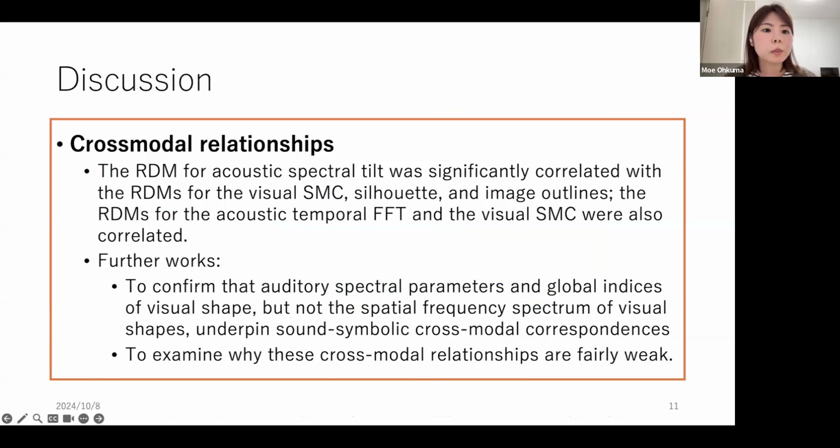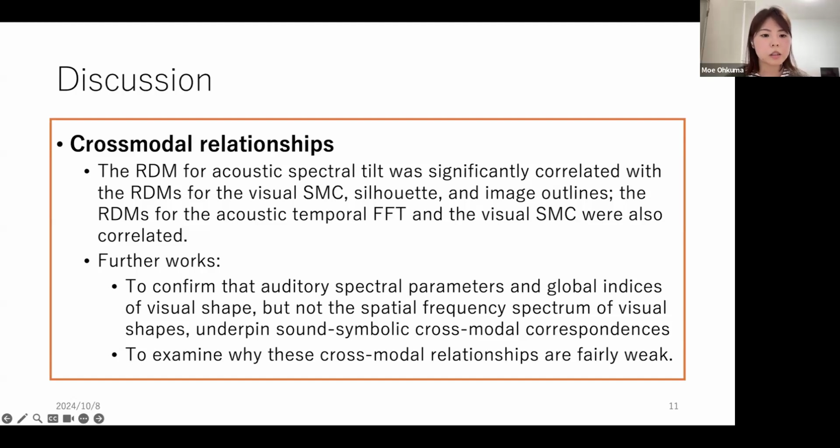The discussion part has three parts. The first one is cross-modal relationship. The RDM for acoustic spectral tilt was significantly correlated with the RDMs for the visual SMC, image silhouette, and image outlines. The RDMs for the acoustic temporal FFT and the visual SMC were also correlated.